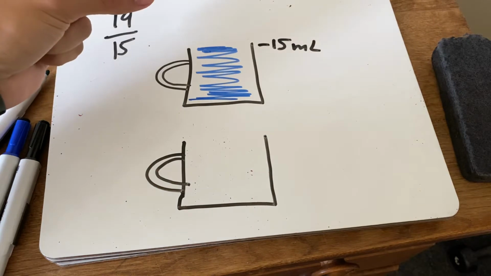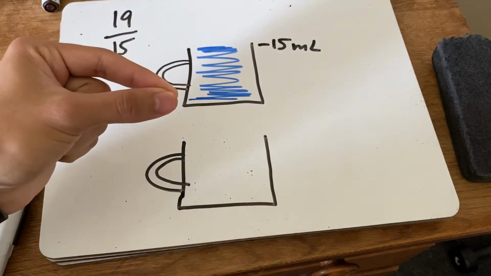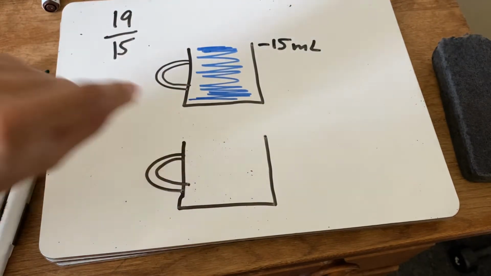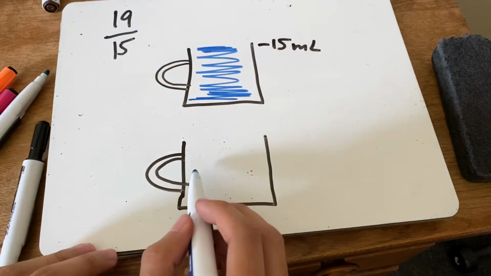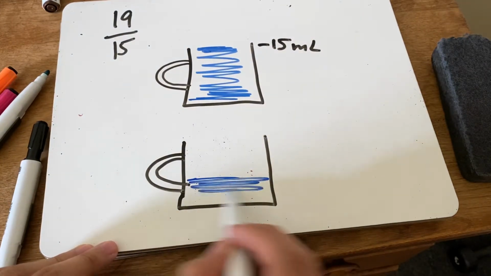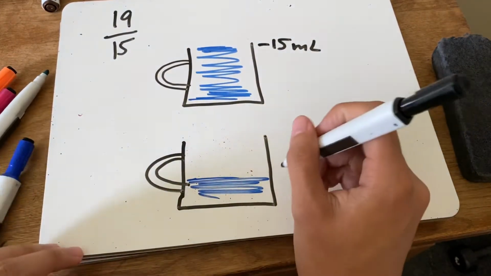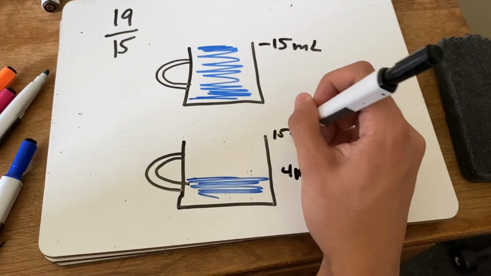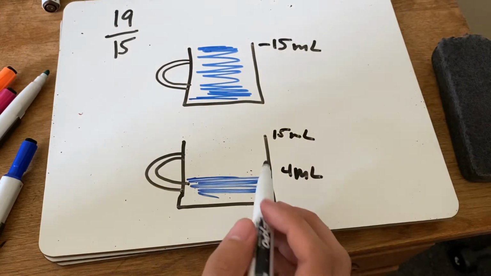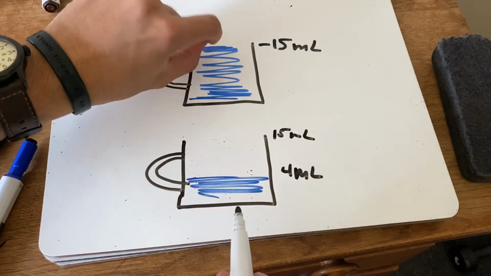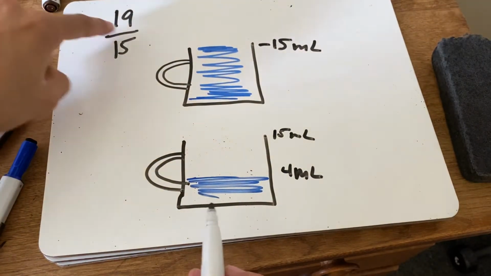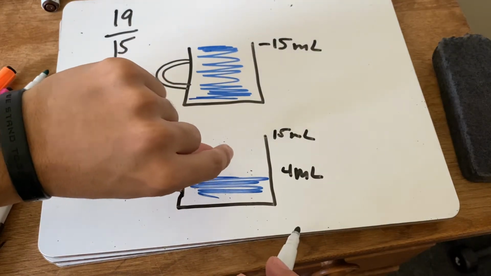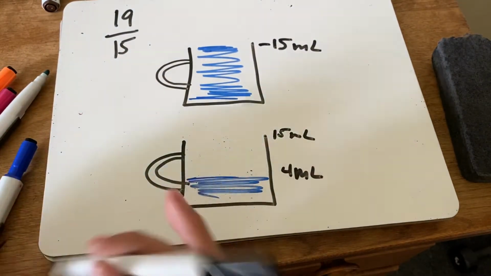How many do I have left over? Exactly, I'm only going to have to pour in 4 milliliters. That's just one way of thinking about it, everybody. Even though you can hold 15 milliliters, you already filled in 15 milliliters here, and because you're filling in 19, you only need to fill in 4 more. Does that make sense? Hopefully that makes a little bit more sense.